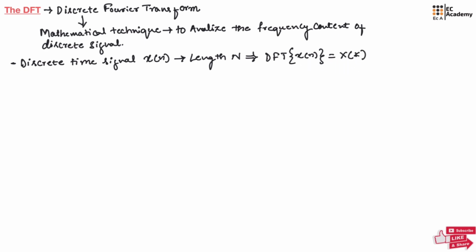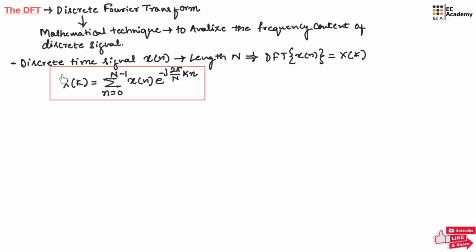Mathematically, we can write X of k is equal to summation of n is equal to 0 to N minus 1 x of n multiplied with exponential to the power of minus j 2 pi by N k n.